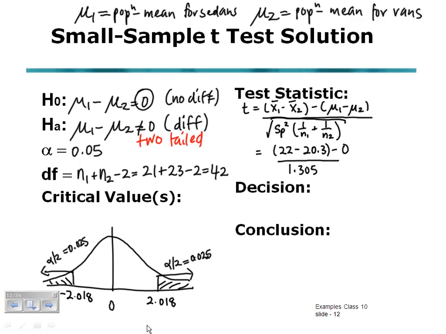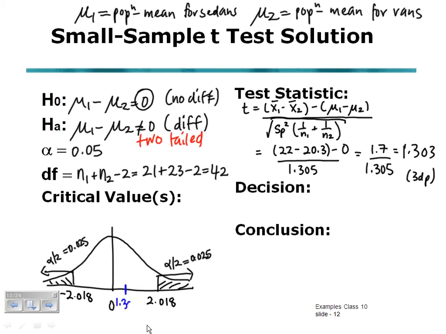So the calculation for the top line there gives us 1.7 divided by 1.305, meaning we have a test statistic of 1.303.